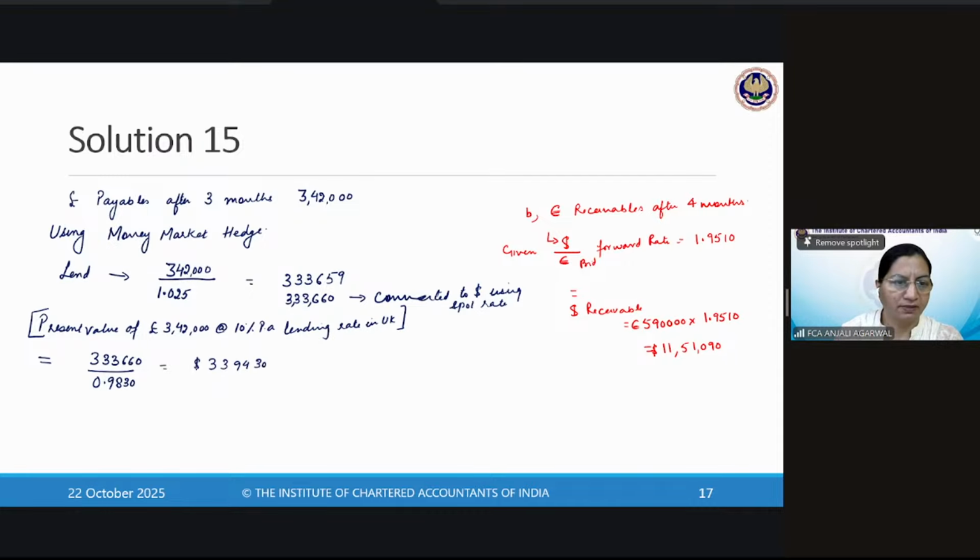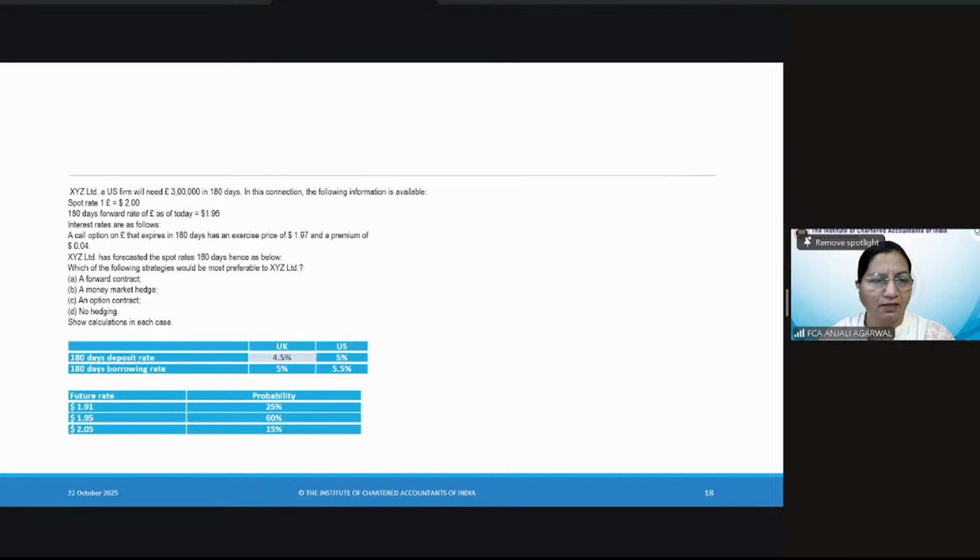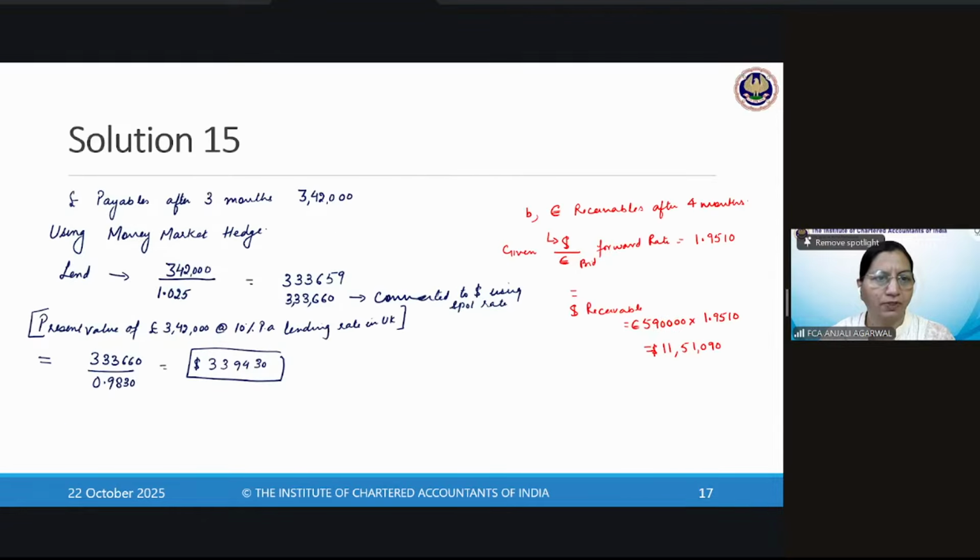You need approximately $3,39,430. If you had this much money, why would you wait to make the payment? You would have made the payment right away. You don't have this money. That's why you want to make the payment after 3 months. So if you want $3,39,430 today, then you have to borrow it.